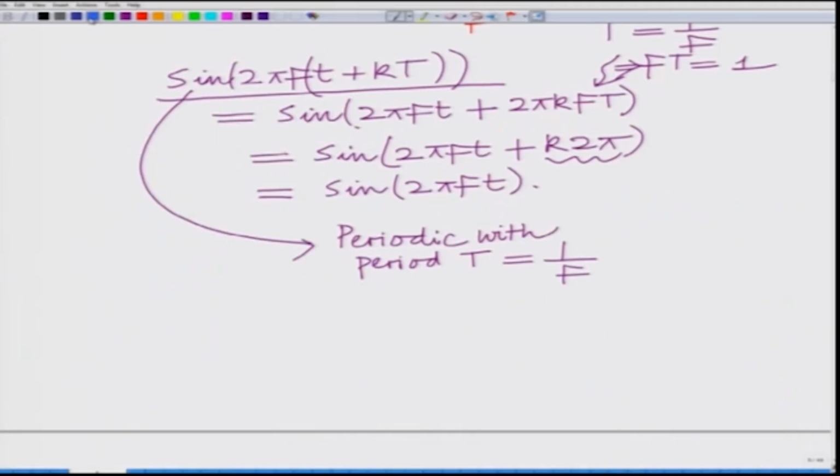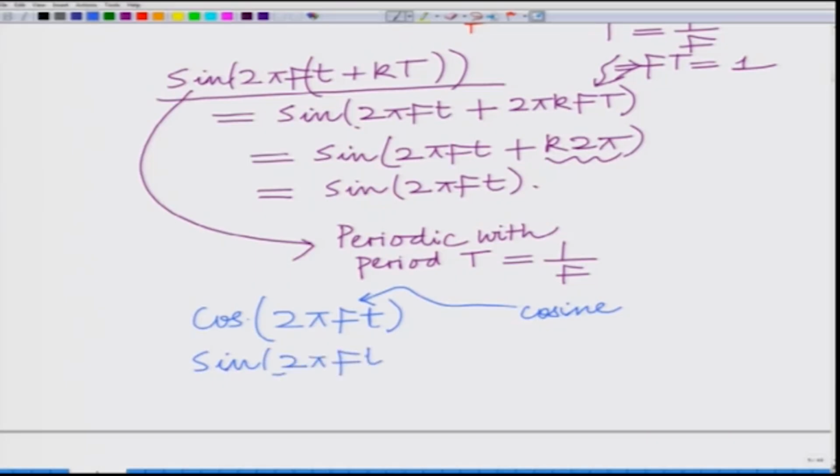Similarly, a sinusoidal signal does not necessarily mean only a sine signal; it can also be a cosine signal, that is cosine 2 pi f t, which is also a sinusoidal signal. In general, one can consider A sine 2 pi f t plus phi, where phi is the phase and A is the amplitude.